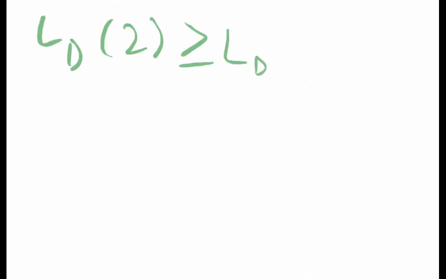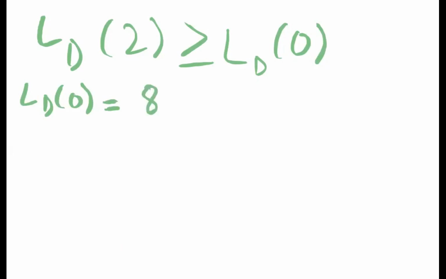Also, we see that this lambda 2 is greater than or equal to LD of 0, right? It's simple. Okay, let's just calculate it. If you put lambda equal to 0, then we have... Oh no, no, we have to put it into the main function, into the Lagrange function.